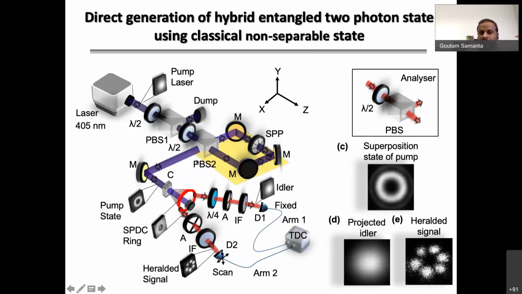So we have generated a classical non-separable state or vector vortex beam, and then used a two crystal scheme for spontaneous parametric down conversion. It is a cone, and then we have selected 2 diametrically opposite points because the pair photons will always be in diametrically opposite positions. And then what we did, we fixed one of the photons here using a detector in a single photon mode.